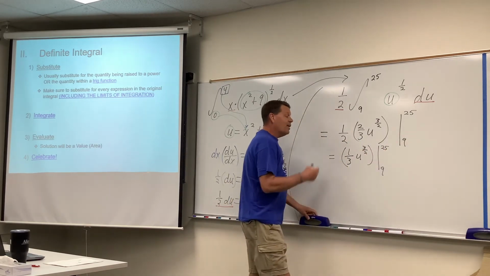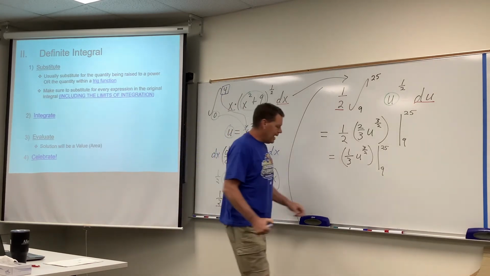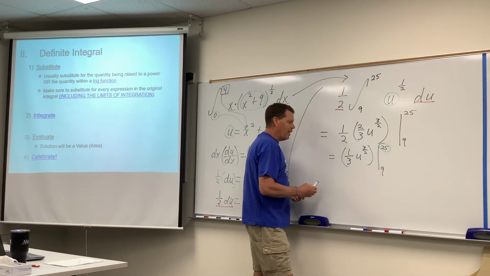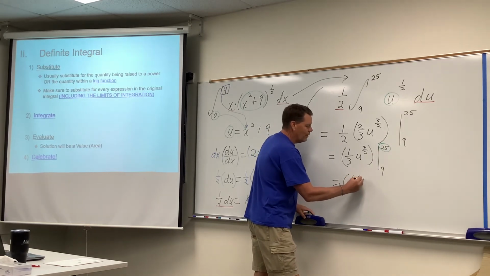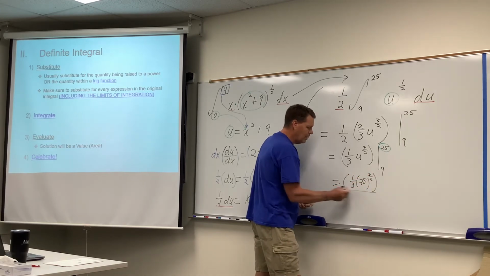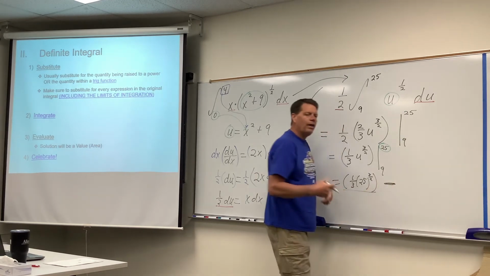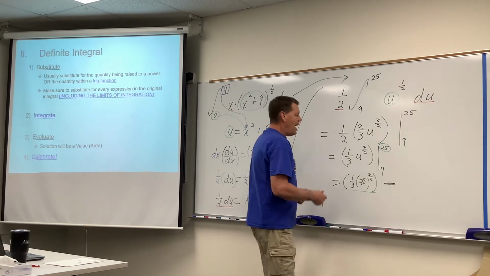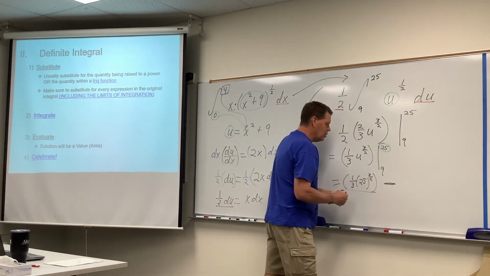All right. And then the evaluate step. That would be where we stick these numbers in as we practiced on a previous assignment. So we would put the 25 in for u. 1/3 times 25 to the 3/2 power. That's the upper limit. Minus, we call that fundamental theorem of calculus, f of b minus f of a, after you take your integral, all right? And then we'll put the 9 in for u.